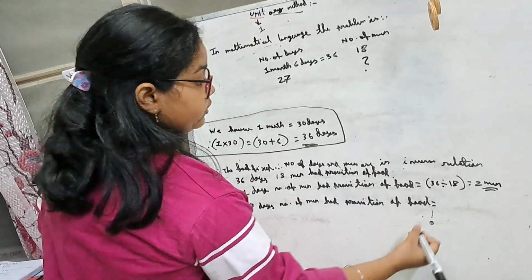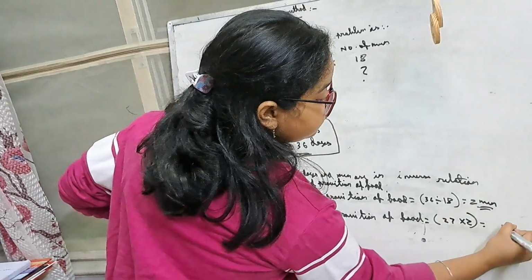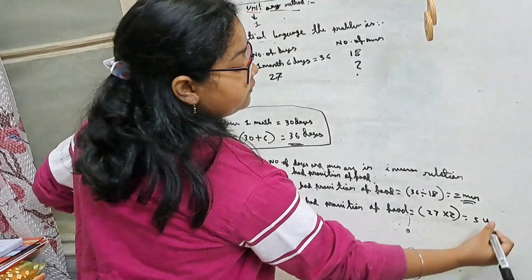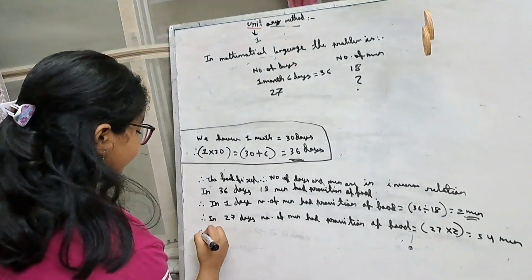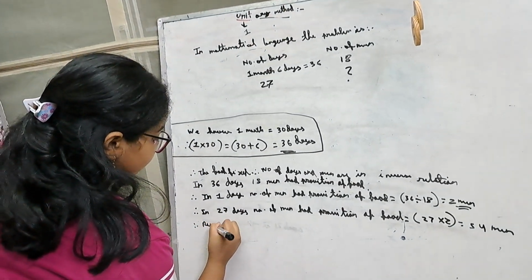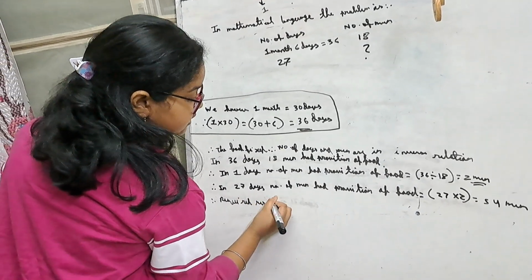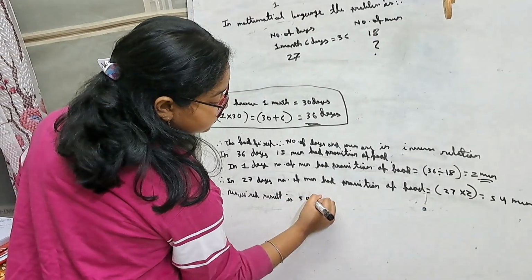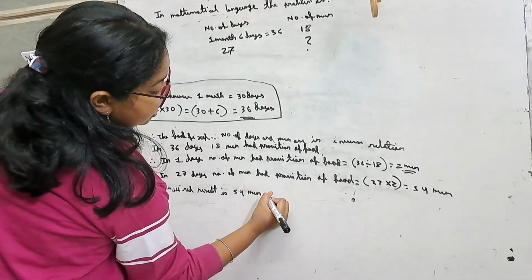So 27 into 2. 2 sevens are 14, 2 twos are 4, 5, 54 men. That's all. Therefore the required result is 54 men.